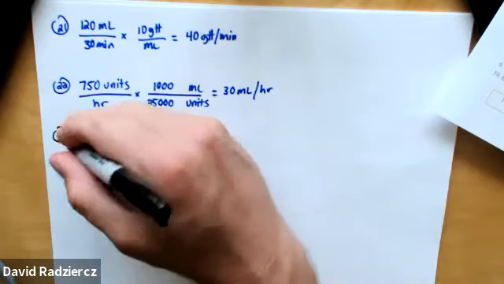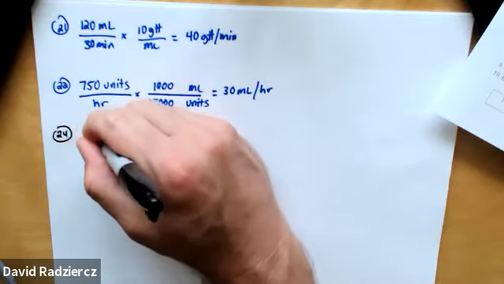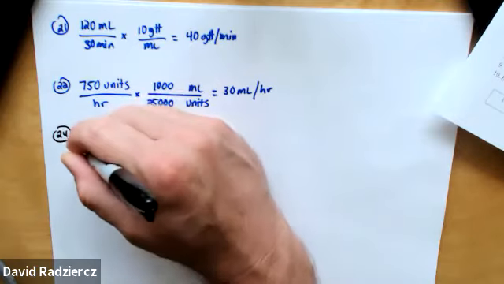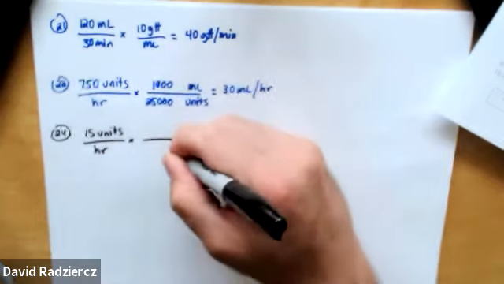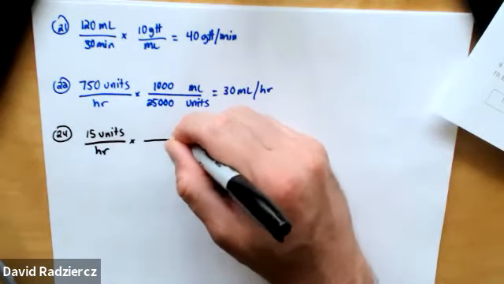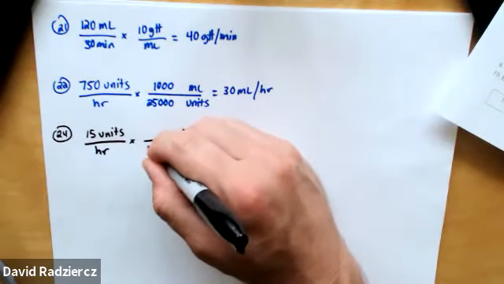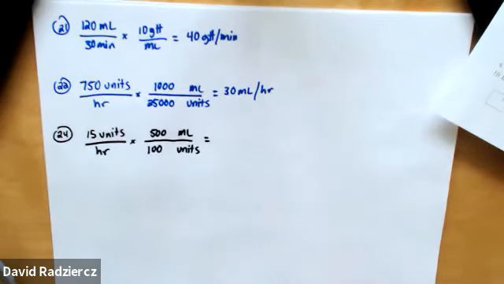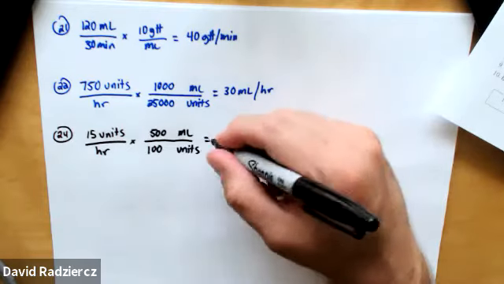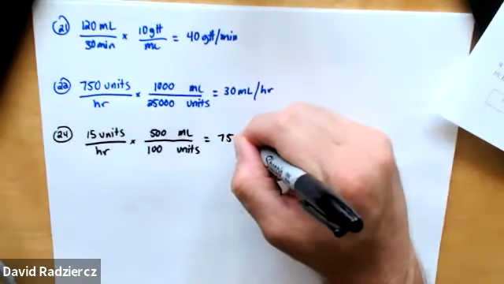What is the flow rate in milliliters per hour? So I'm going to take my 15 units per hour. I don't want units, I want milliliters. And I have 100 units per 500 milliliters. So I'm going to take 15 times 500, get 7,500, and then divide by 100. And I'll get 75 milliliters per hour.